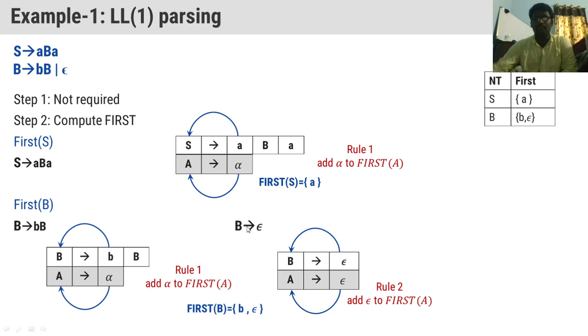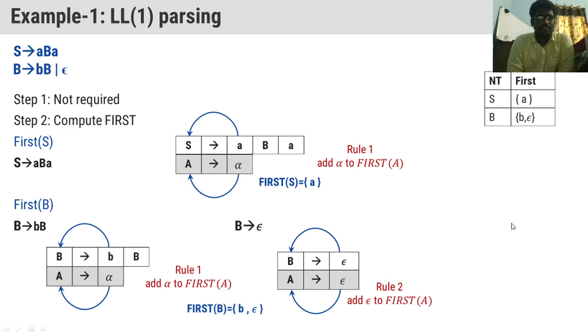So this is how we will find out the first sets of the non-terminals. Hope all of you understood how to find out the first sets here, which belongs to our LL(1) parsing technique.